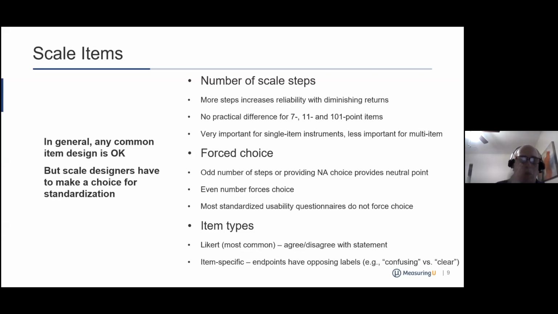So the point is, any common item design is okay. A scale designer has to make a choice for standardization, but normally the time spent arguing about these kinds of issues is wasted time.